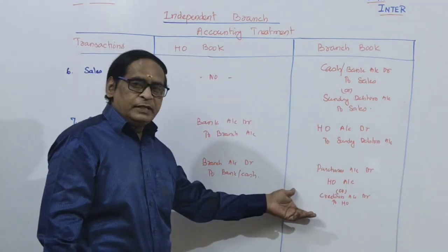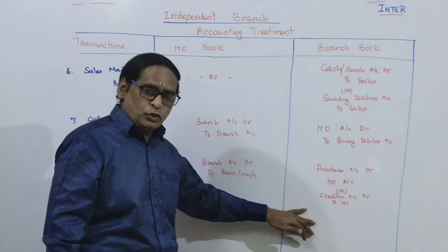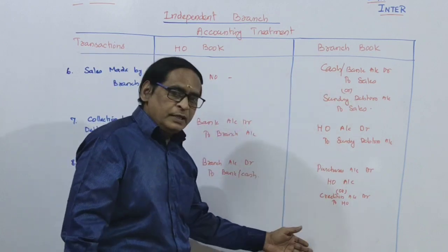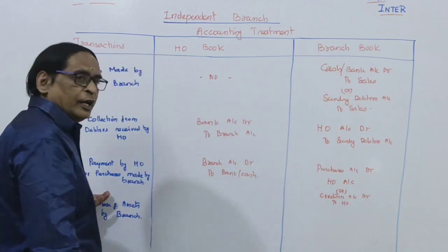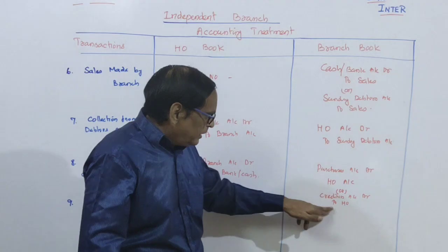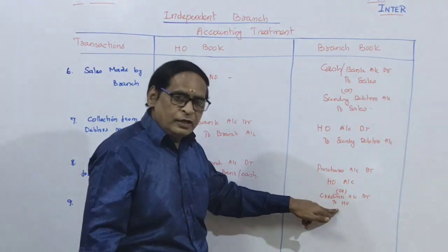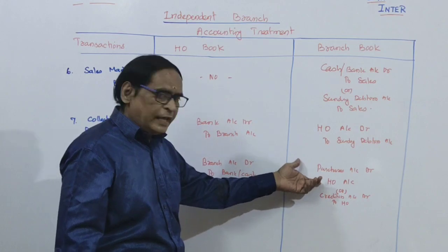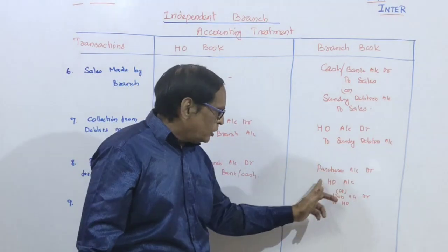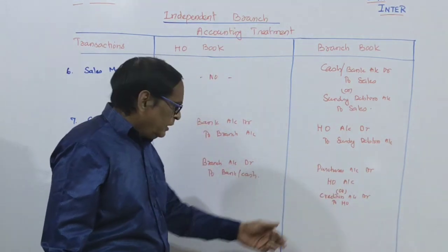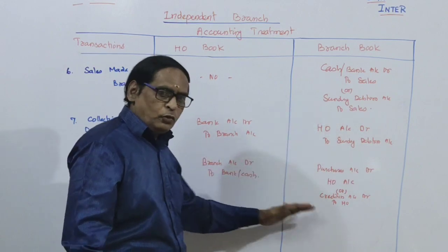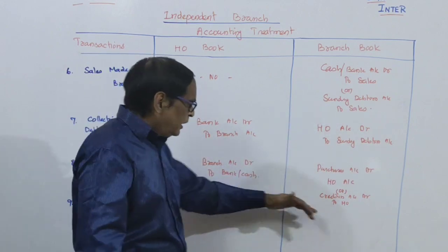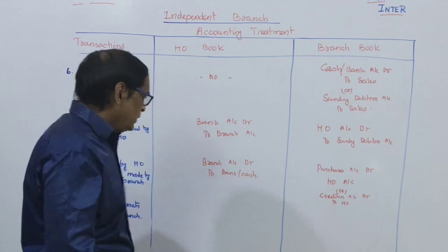If it is a credit purchase, the payment we have to pay, I mean the branch has to pay. Instead of branch paying, that amount has been paid by head office. So creditors should be debited and head office credited, because it is a giver. There may be any one entry. If it is a direct purchase, the purchase is debited to head office account. And if it is already a credit purchase and the payment is made by the head office, then creditors debit to head office account.